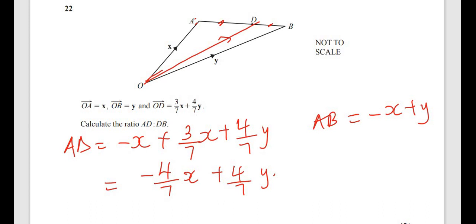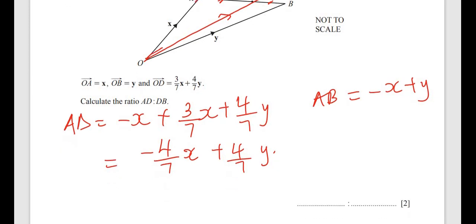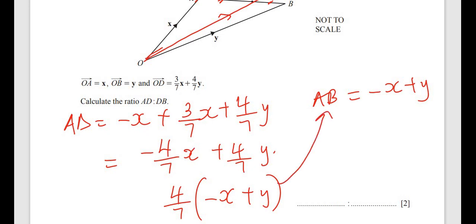Now I want us to factor out the 4 out of 7 from AD, and that means we're going to have minus x plus y. So what is minus x plus y? Minus x plus y is actually vector AB.